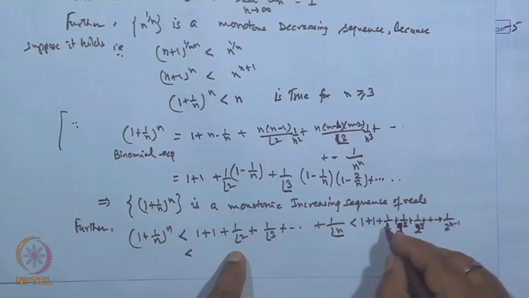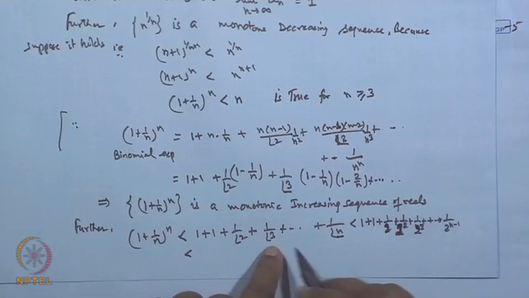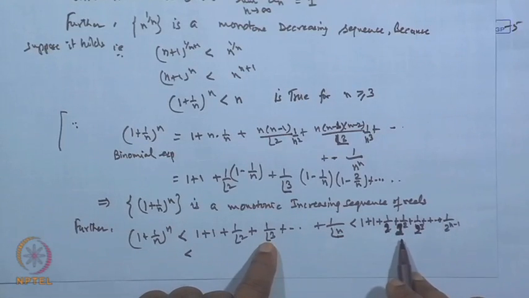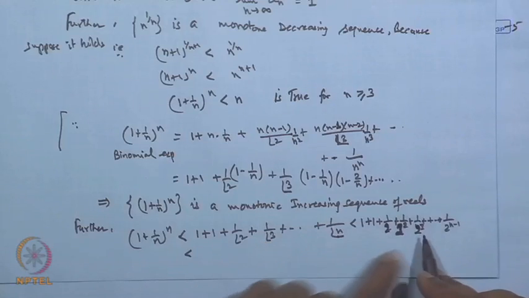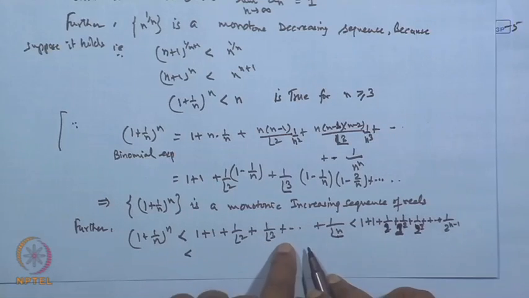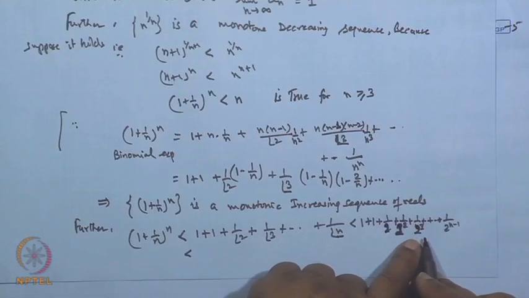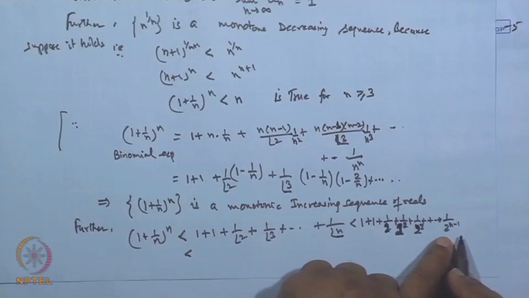So the first term is additive; factorial 3 is greater than 2 square, so 1 by factorial 3 is less than 1 by 2 square, 1 by factorial 4 is less than 1 by 2 cube, and 1 by factorial n is less than 1 by 2 to the power n minus 1.